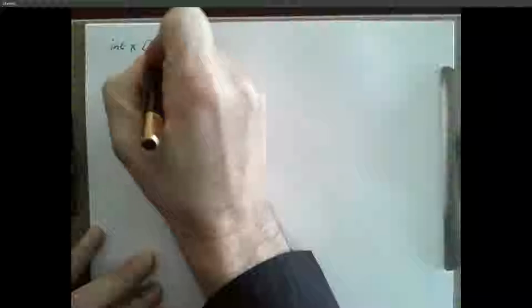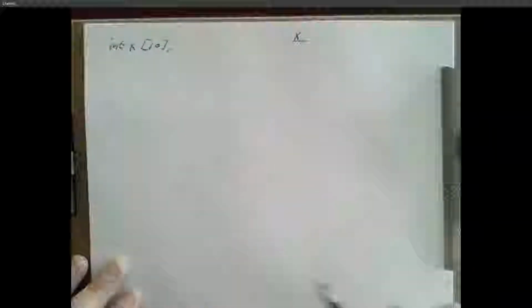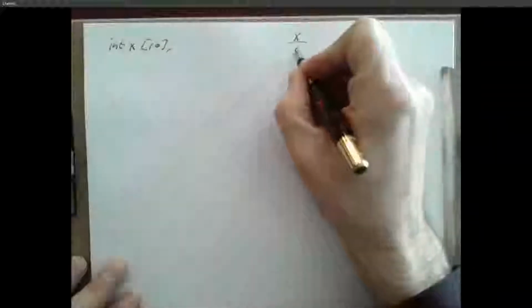And I want to motivate our first data structure, which is something called a linked list. And I want to motivate it starting with the humble array, so int x[10]. So x is an array. It's a chunk of memory that can hold 10 integers. And let's just suppose that the elements of x are as follows.